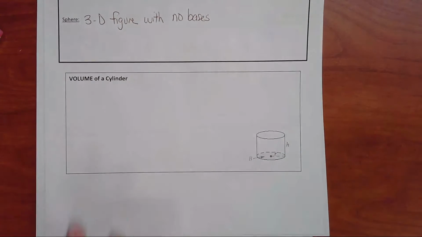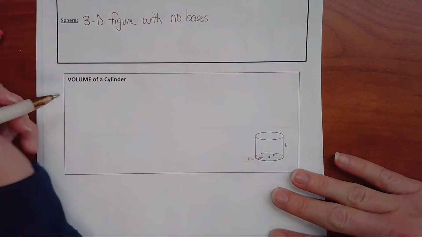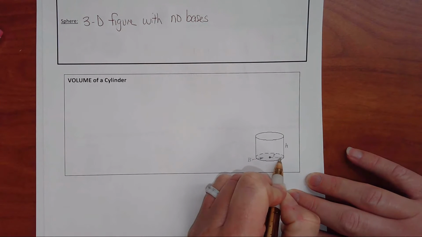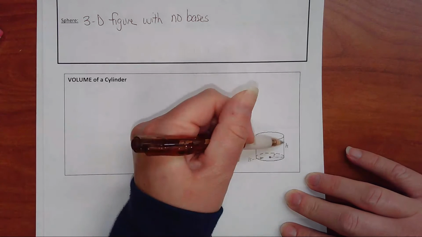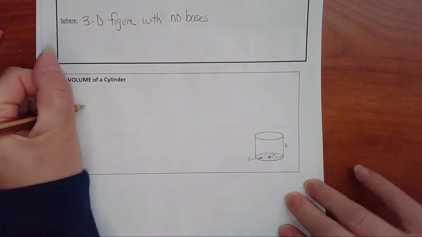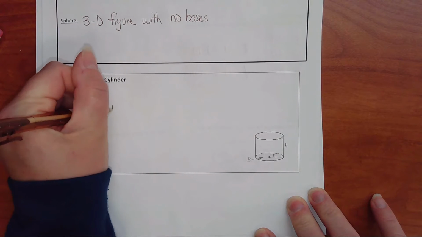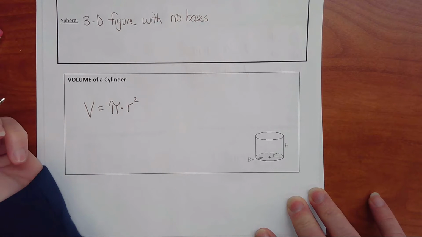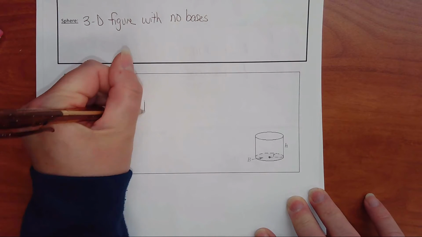So the only two things that you need for the volume of a cylinder is the radius, not the diameter, you need the radius, and the height. So to find the volume, you do pi times the radius squared, area of a circle, times h.